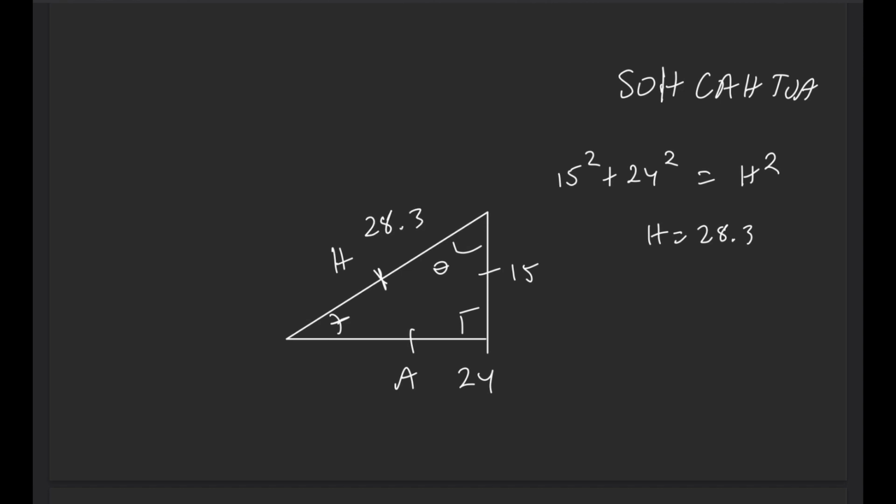And then to solve for the angles, let's use tangent, and then 15 over 24. And we'll get 32 degrees. And then therefore the missing one, 90 degrees plus 32 plus x is equal to 180. Then solve for that, and we'll get 58 degrees.